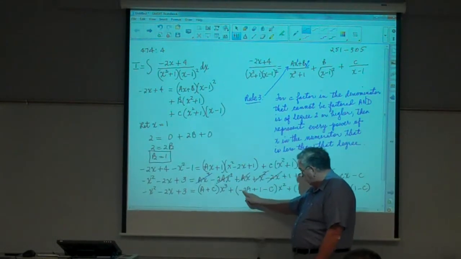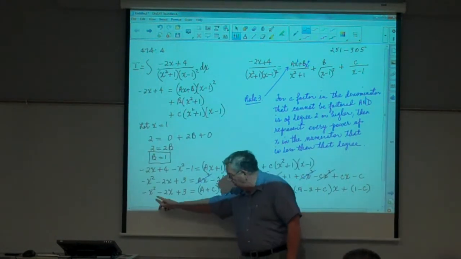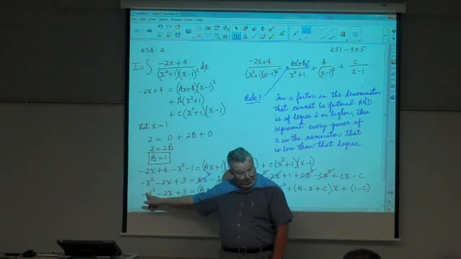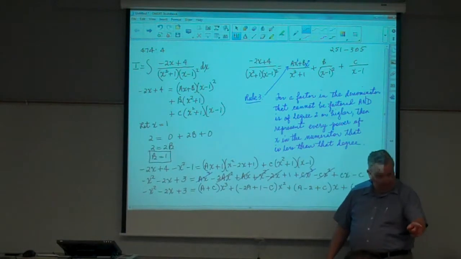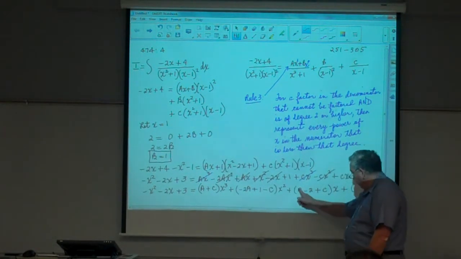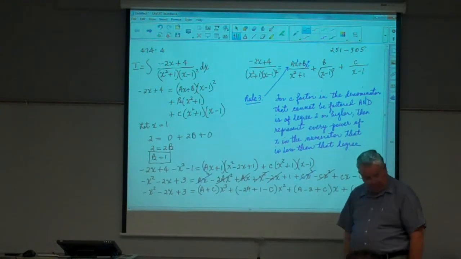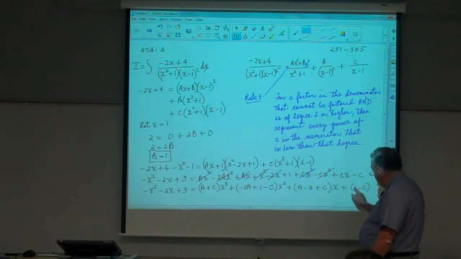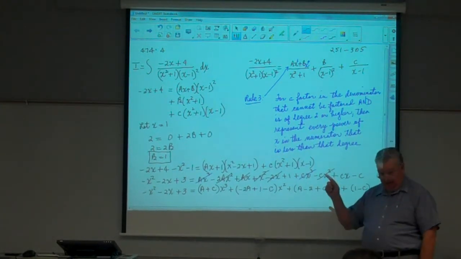Then I've got this equal to minus 1. Agreed? Everybody okay? Then I've got all of this equal to minus 2. And then I got all of this equal to 3.